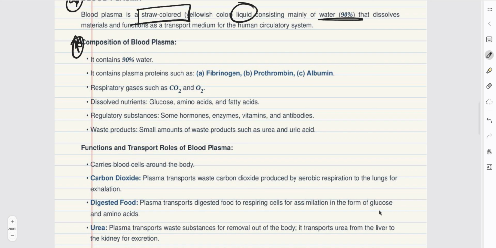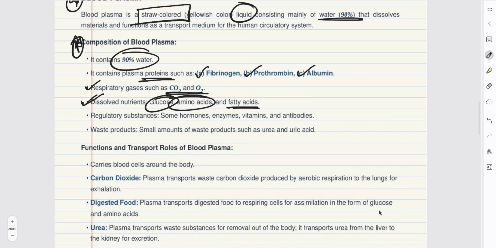So we already stated, right, that 90% is water. The remaining substances are mainly some proteins, that is fibrinogen, prothrombin, albumin. Then we have some respiratory gases such as carbon dioxide and oxygen. We have the dissolved nutrients, the amino acids, glucose, fatty acids.